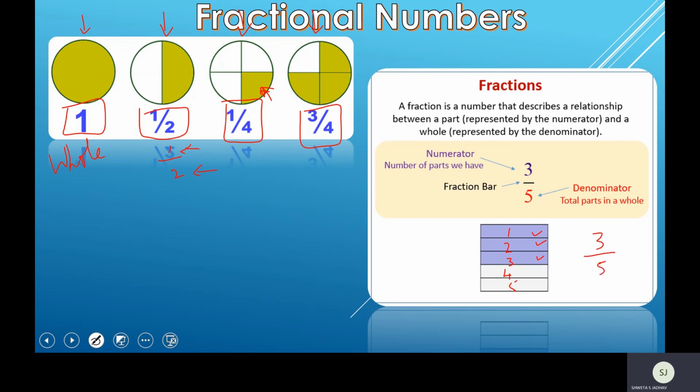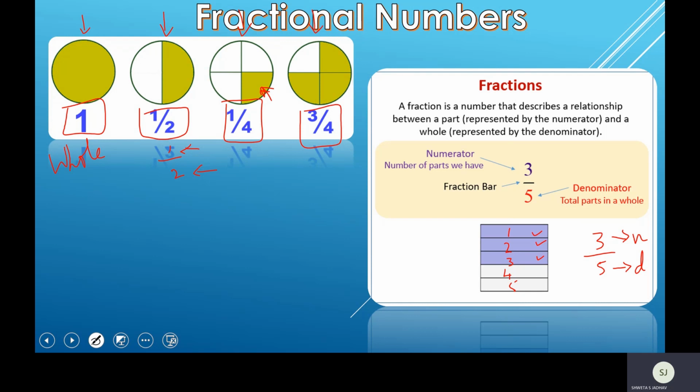Here we are considering the shaded parts, so we are representing 5 as the denominator and 3 as the numerator. As I said before, the denominator is the total number of parts in a whole, and out of those parts, the number shaded is considered the numerator.